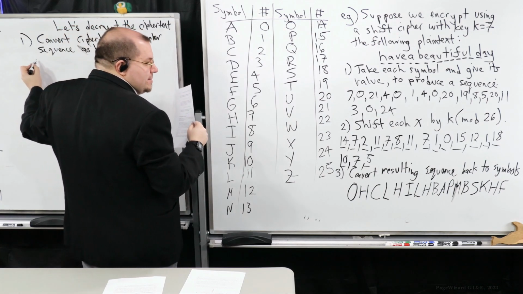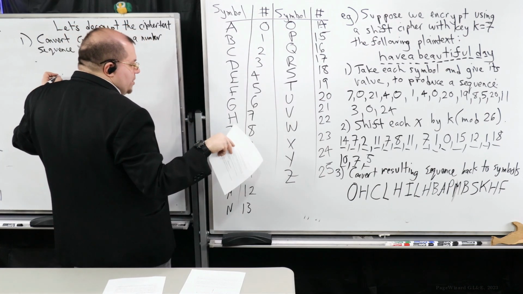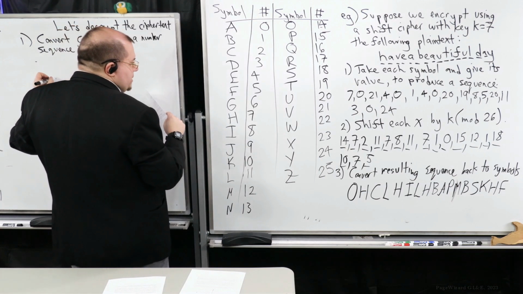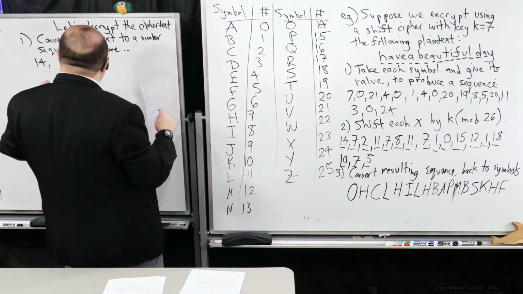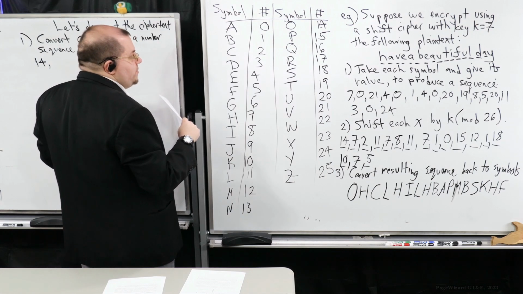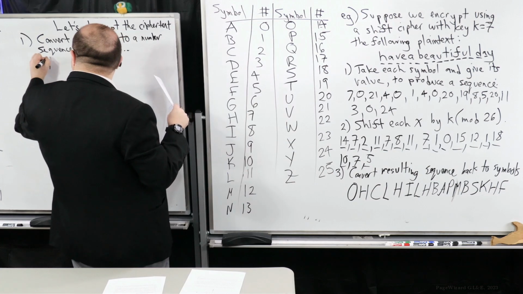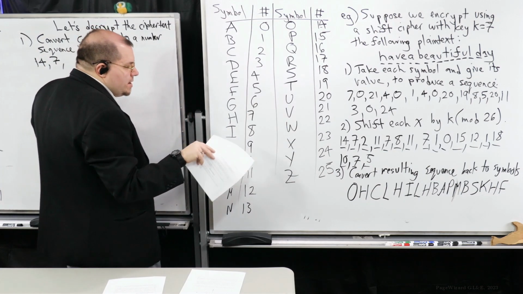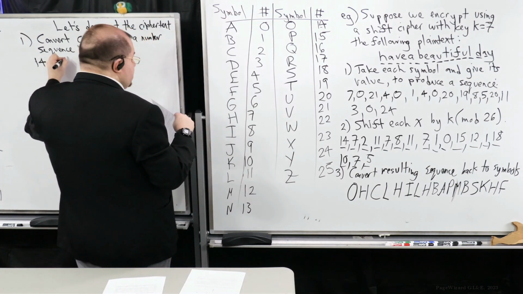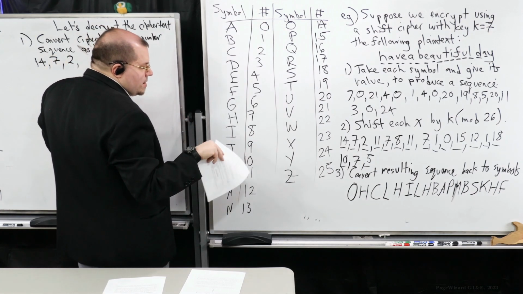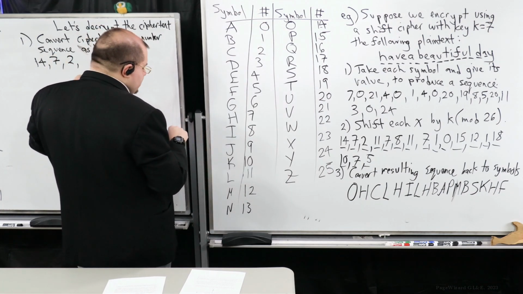So let's see here. So we got O. O is 14. Next we have H. H is 7. C is 2. Then we have L. L is 12.